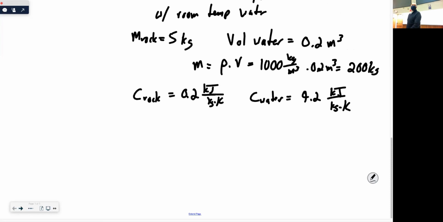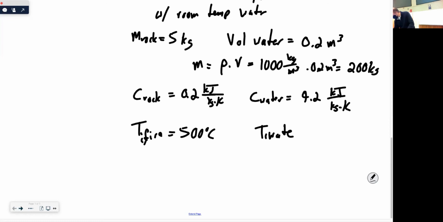It takes a lot more energy to heat up a kilogram of water than it does to heat up a kilogram of rock. So what's the temperature of the fire? Let's say it's 500 degrees Celsius. It's a pretty hot fire. Let's say our temperature of the water, these are the initial temperatures, of course, is 20 degrees Celsius. That's pretty close to room temperature.